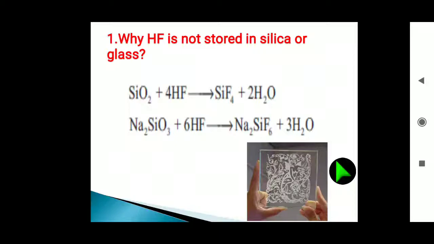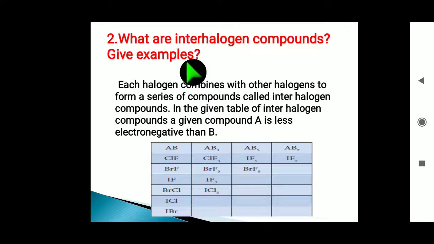Okay, next question. What are interhalogen compounds? Give examples. Here we can find the table. Some types of interhalogen compounds are given: AB, AB3, AB5, AB7.